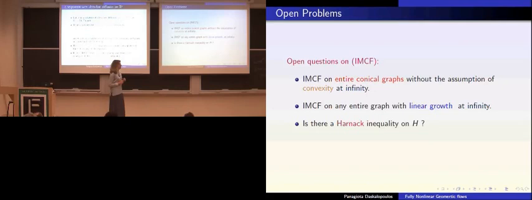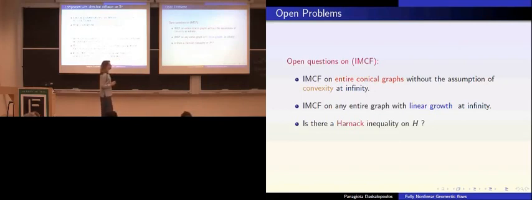Also, being an analyst, I would like to be able to start with an initial data where H is non-negative. What happens if you start with something which has a flat side? Does it become immediately positive? What is the effect of infinity in this case? In the compact case, we saw that it immediately becomes positive.